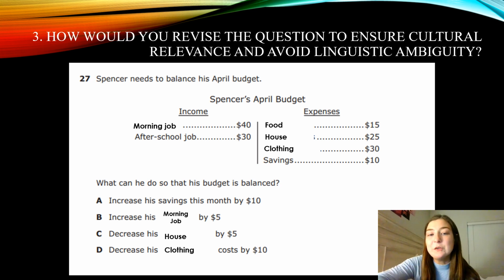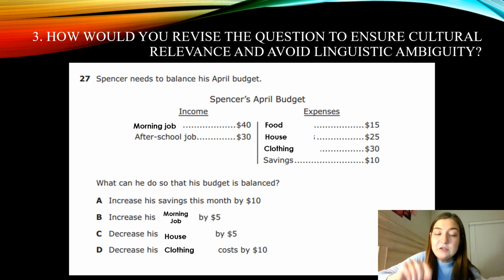So, I decided to put those in instead of the more privileged side. And I chose to go with the word house because I believe that is much more linguistically friendly to our English learners. Shelter is kind of a more advanced term for housing, and housing is just straightforward.